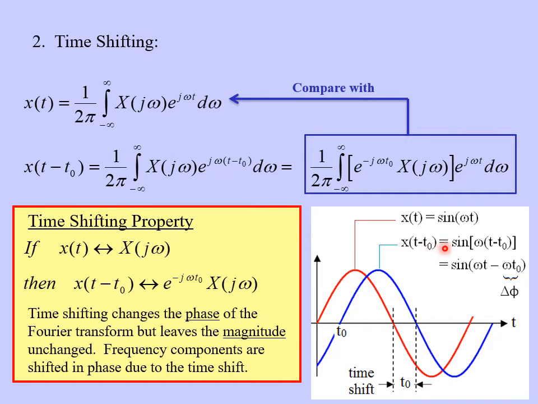And so we have sine of omega times t minus t naught. Let's distribute the omega in there, so we get omega t minus omega t naught. This last term represents the phase shift, delta phi, if you want to call it that. These are both still sine functions, but they have been shifted not only in time, but you can think in the frequency domain, they've been shifted in phase. And that's what the time shifting property is telling us.